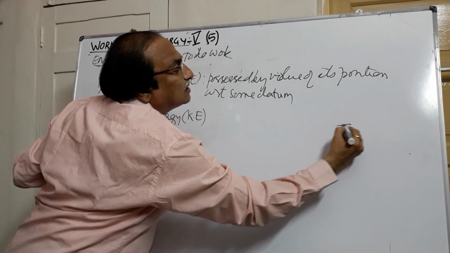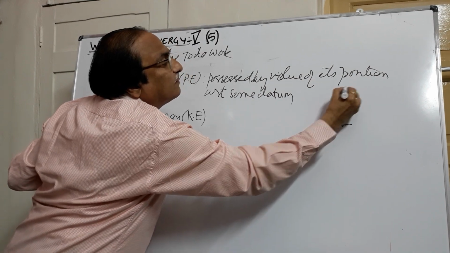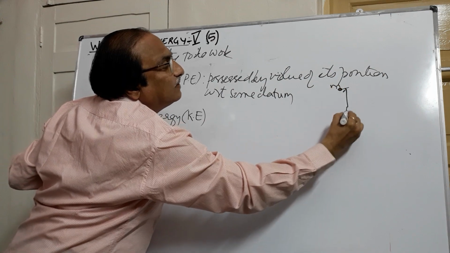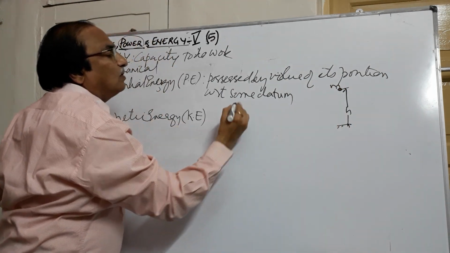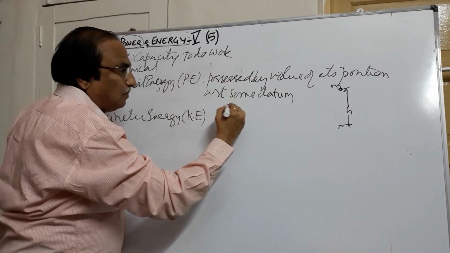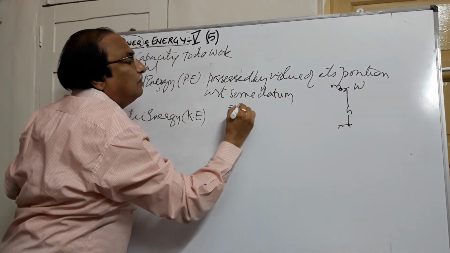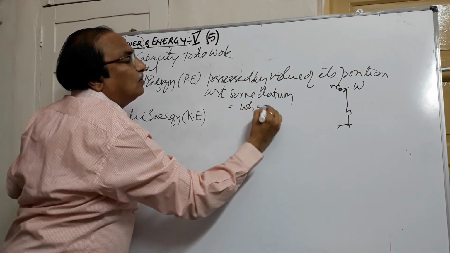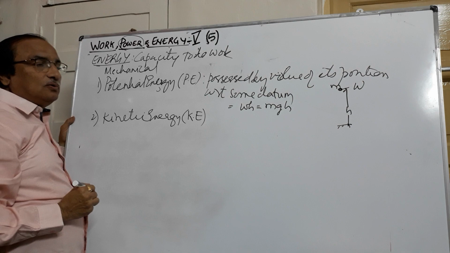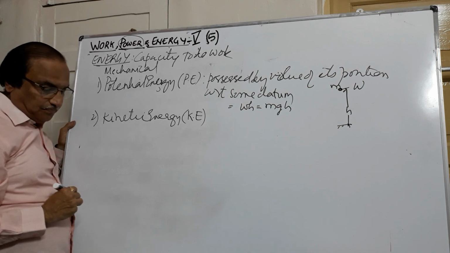Suppose this is the ground. If the body is lifted, if the mass of the body is m, and if it is lifted by a height, so we call the potential energy is given by W into H, or we know W is m into g into H. So this is the form we will be using to find out the energy.